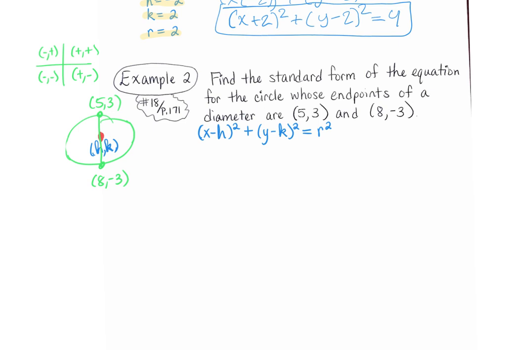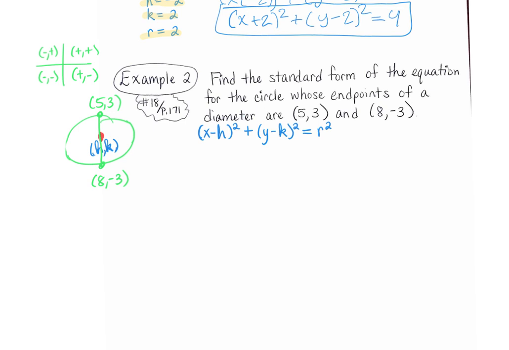So all you're doing is finding the radius from the diameter, from the edge of the circle. We have to find the center from these points. Yeah, that's right. So let's do it.